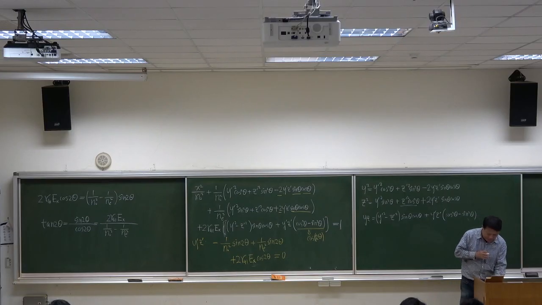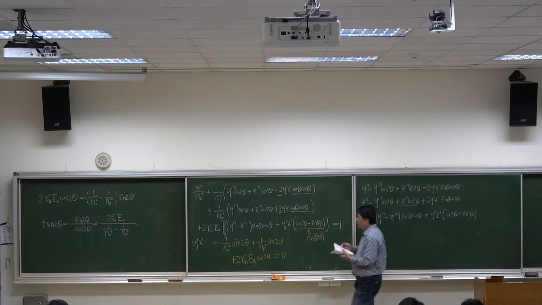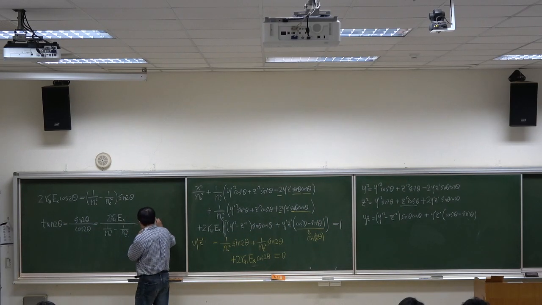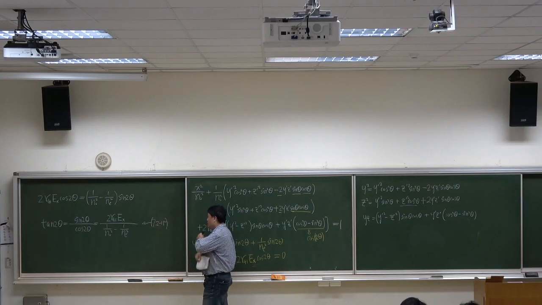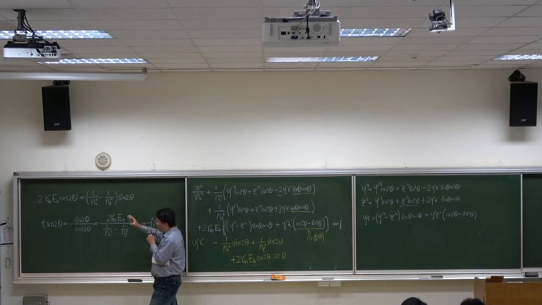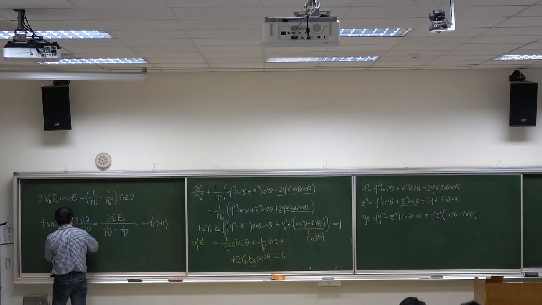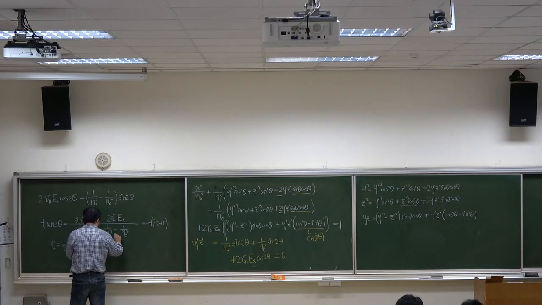好，这个就是课本上的那个条件啊。This is equation 7.2-15. So we must choose the rotation angle theta to be equal to 1/2 arctangent of this.